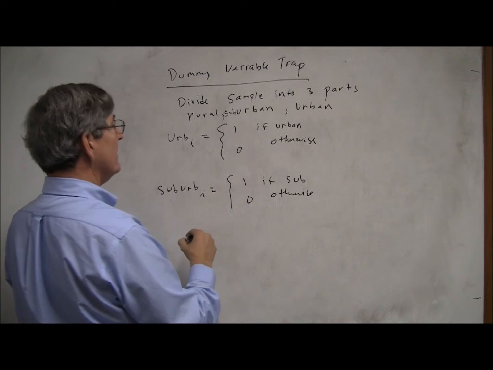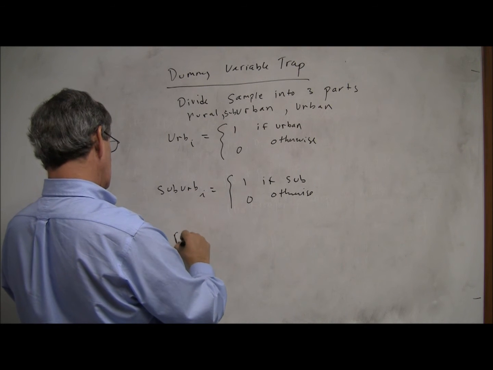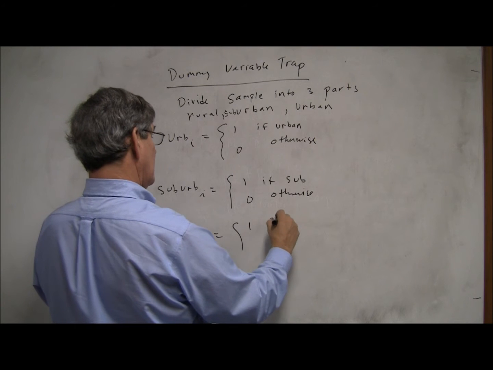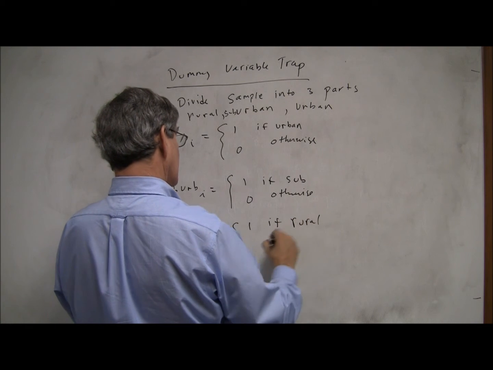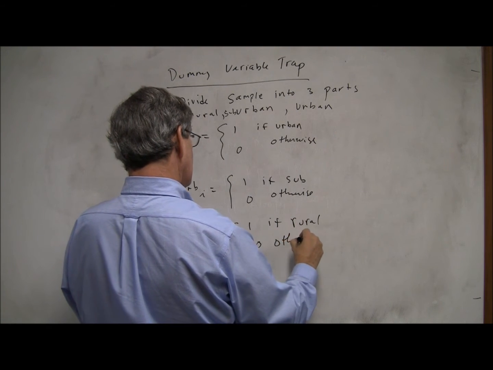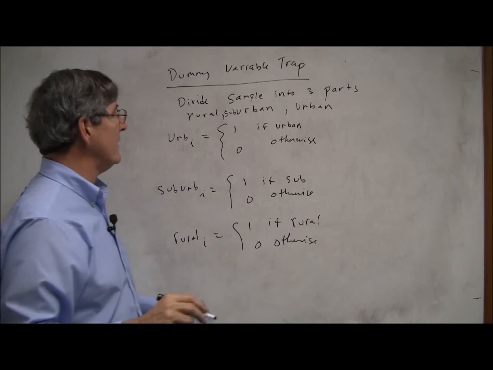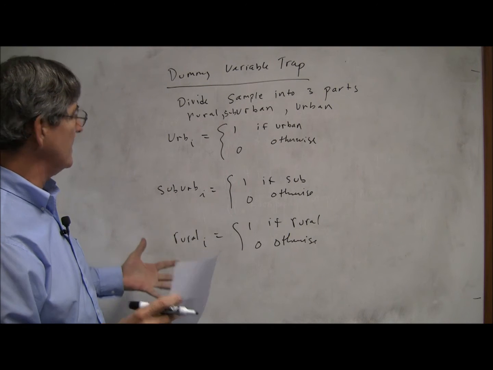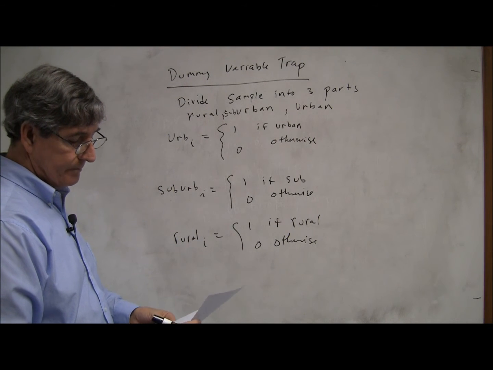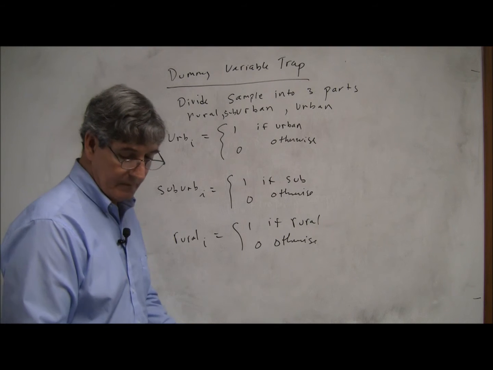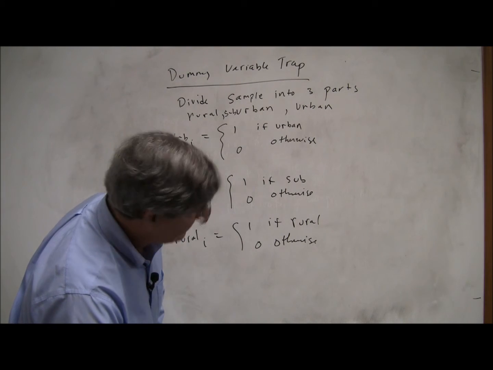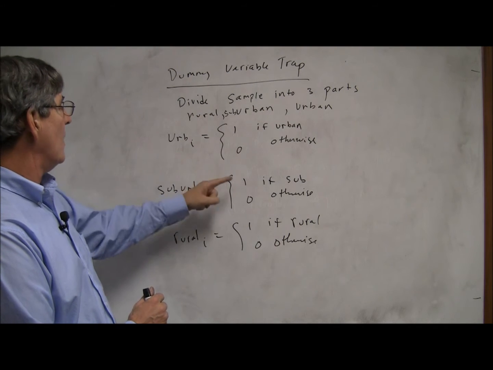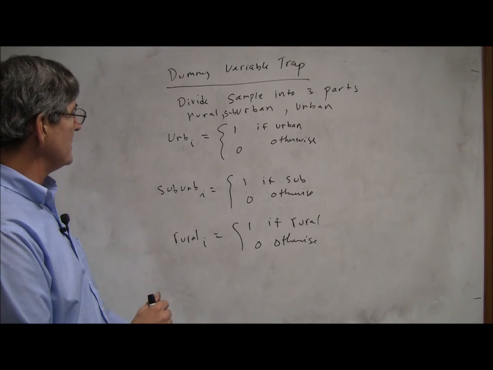And you can imagine the third variable, rural, will be 1 if rural, 0 otherwise. Every district will fit into one of these categories, but it can't be more than one. So these are unique categories, and we're going to assign one of these categories to every district.